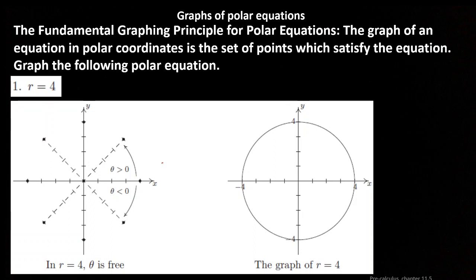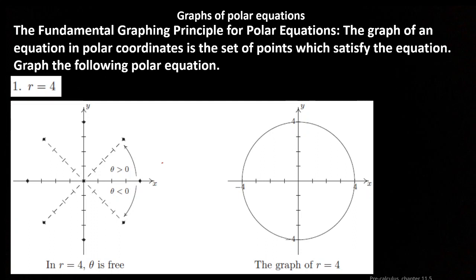Now let's look at some families of polar graphs. We are going to categorize them and look at what they look like. So r equals 4 is just r equals a constant. It's a circle with radius 4. So r equals a constant is a circle with radius that number, whatever that number is.